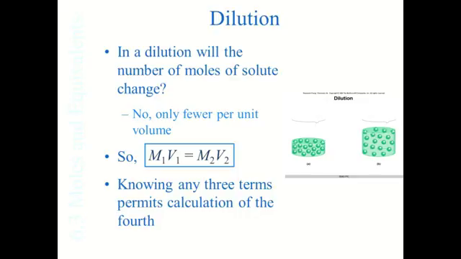Exactly. But here's the key thing to remember: do you change the number of moles? That is the key. The number of moles before and after is the same. What's the difference?